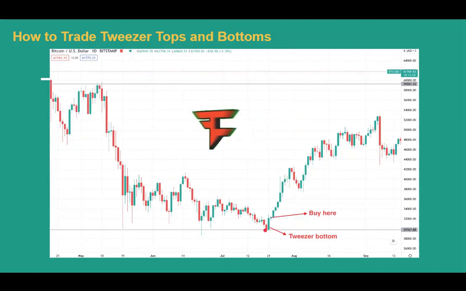We have a red candle, then another green candle, which forms a tweezer bottom for us. As I said before, at the close of this second green candle, we can enter a long position. We can start buying here and put the stop loss a little bit lower than the low of the red candle.